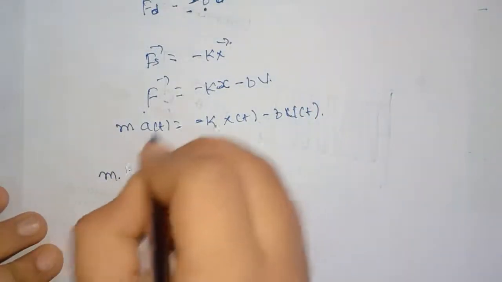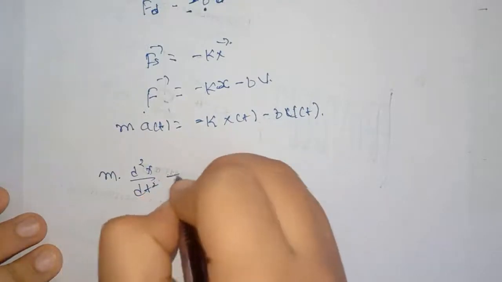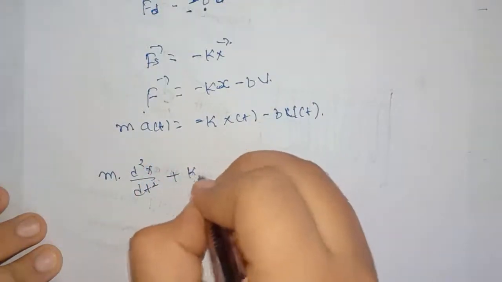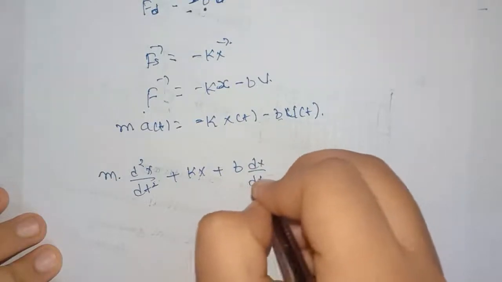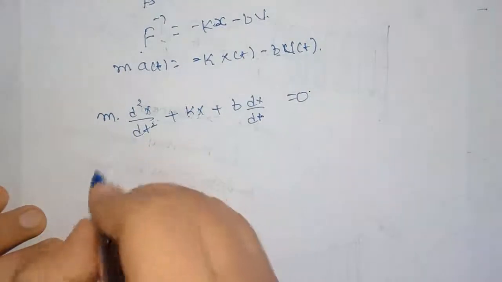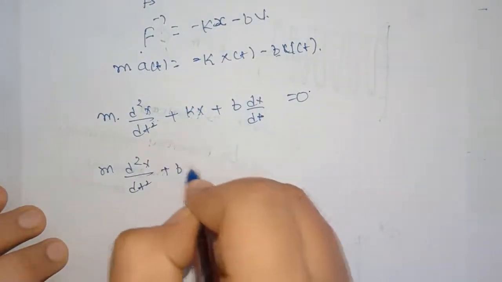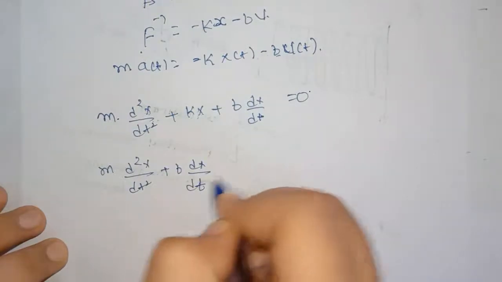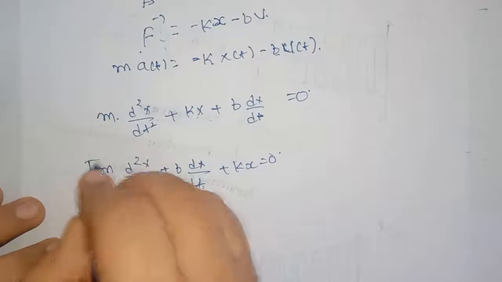So a can be written as d square x by dt square, and v can be written as dx by dt. Rearranging in proper order, d square x by dt square plus b dx by dt plus kx is equal to 0.